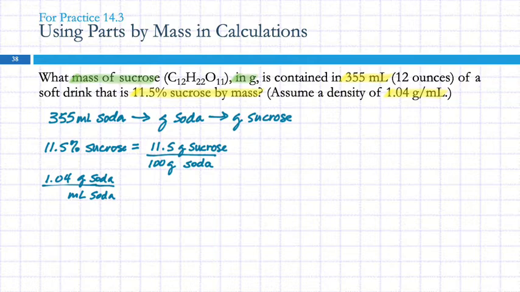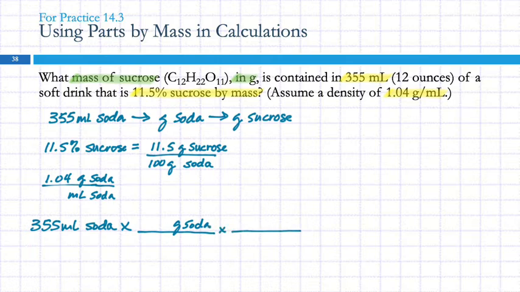So I'll start with my 355 milliliters of soda. And I've got 2 steps, so I have 2 fractions. The first one is I'm going to grams of soda. And the next one, I'm going to grams of sucrose.